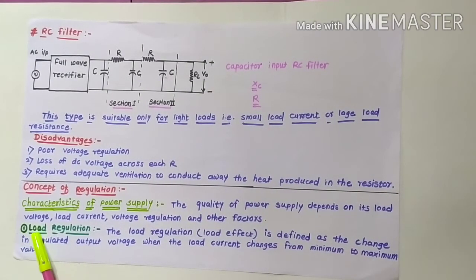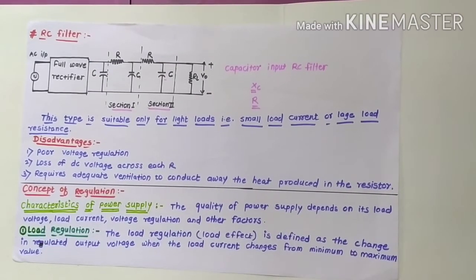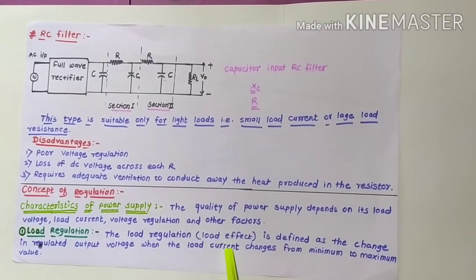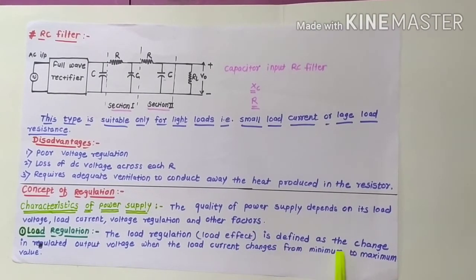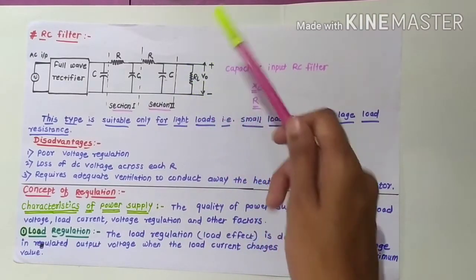The first characteristic is load regulation. The load regulation or load effect is defined as the change in regulated output voltage when the load current, meaning the current across this load resistance, changes.